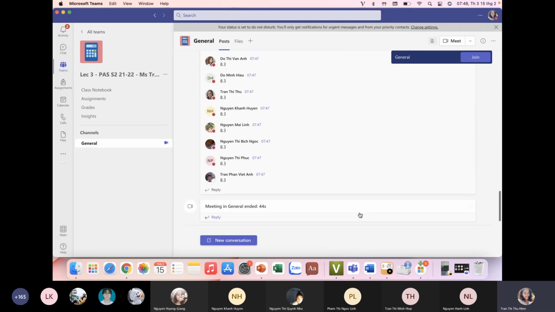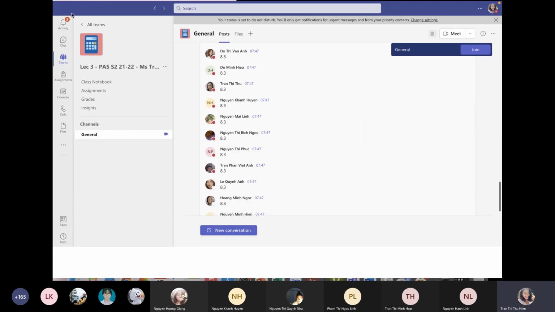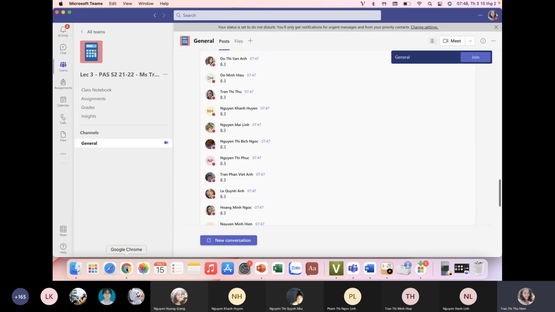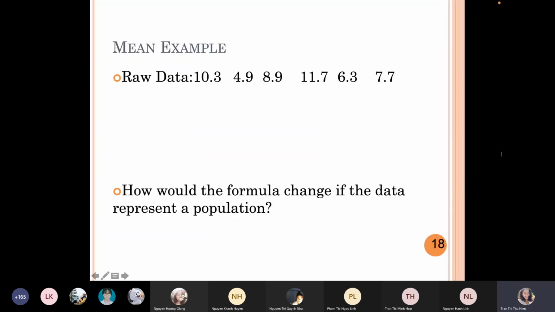Okay, I can see the answer here. Is it 83? Yes, 83 is the mean for the data set. I think this is easy for you.